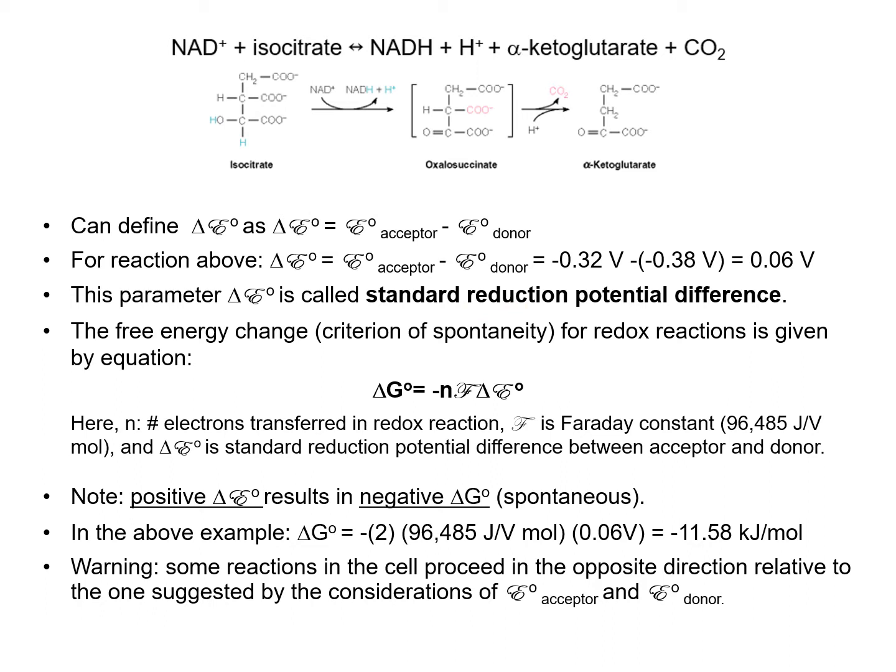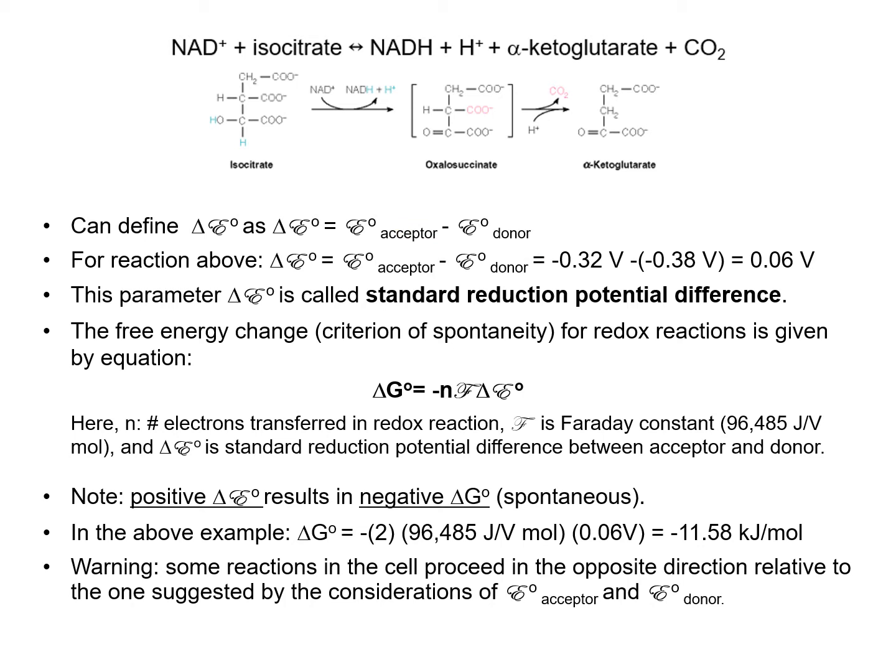The free energy change, which is a criterion for the spontaneity of redox reactions, is given by this equation: delta G naught equals minus n F delta E naught. Here, n is the number of electrons transferred in the redox reaction, and F, the cursive F, is the Faraday constant, which is 96,485 joules per volt per mole. Delta E naught is again the standard reduction potential difference, which you get from the difference of the E naught values of the acceptor and the donor.